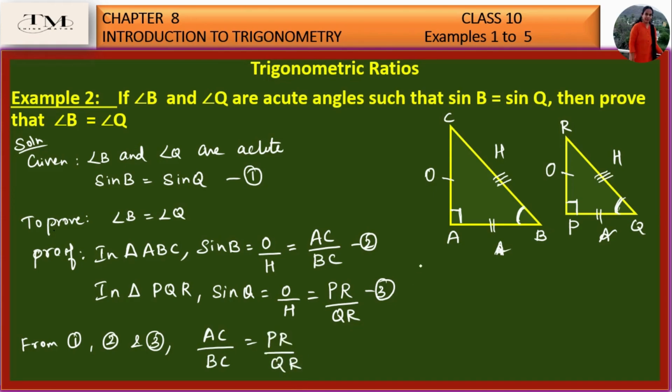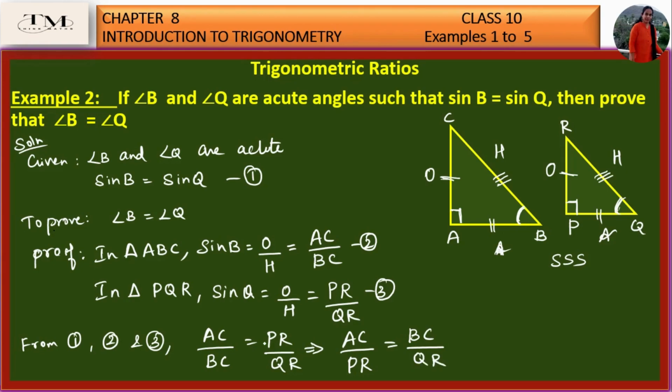Now what is the similarity we have to prove? We are going to use SSS criteria. In SSS criteria it is AC by PR. So let us bring this PR here and take the BC to the other side. So this implies AC by PR equal to BC by QR.